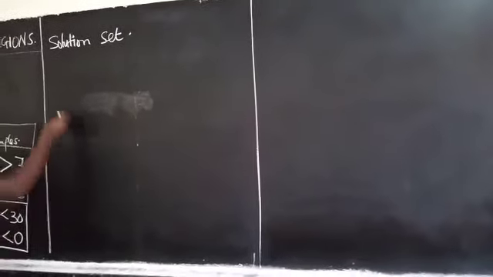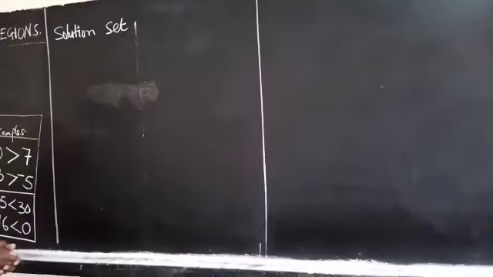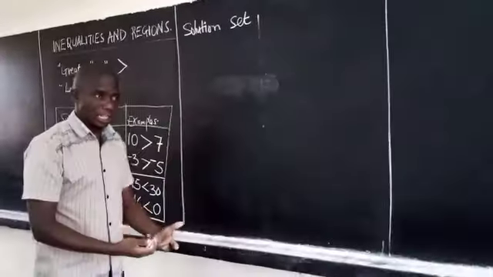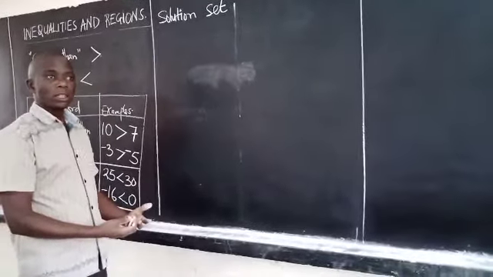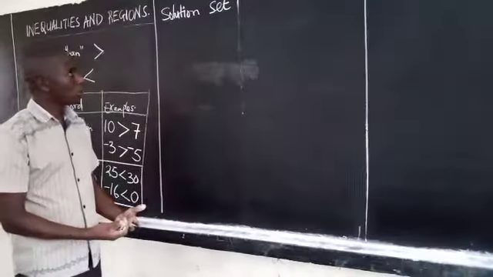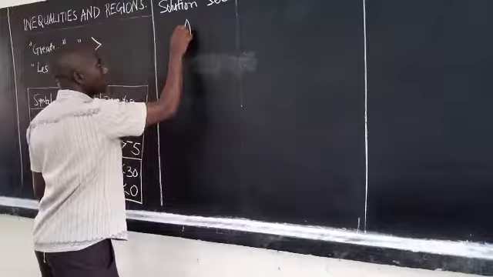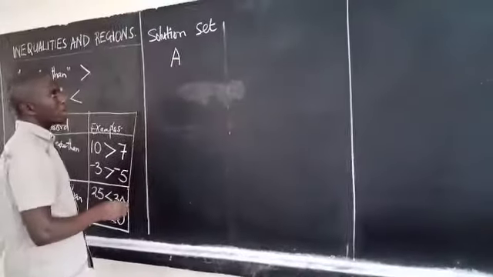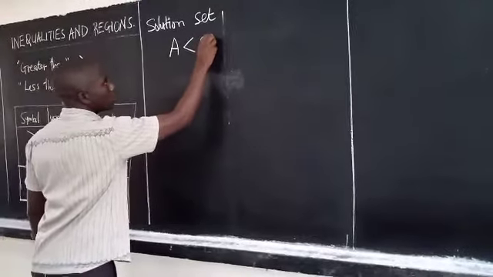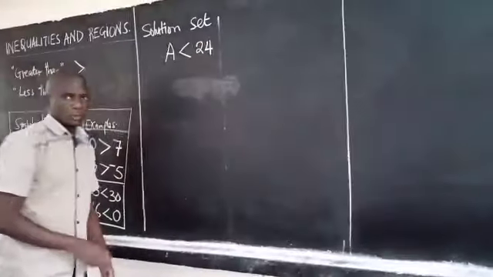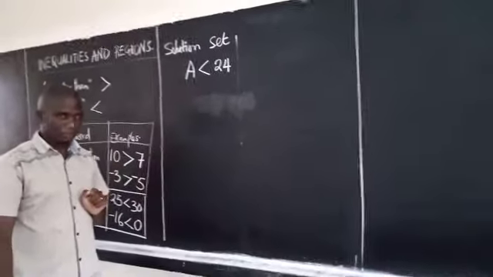If we say that, for example, those students who must be admitted in a secondary school must have scored 24 aggregates and below. So meaning those to be admitted, let me use letter A, must have scored less than 24 aggregates. So this means, what is our solution set?